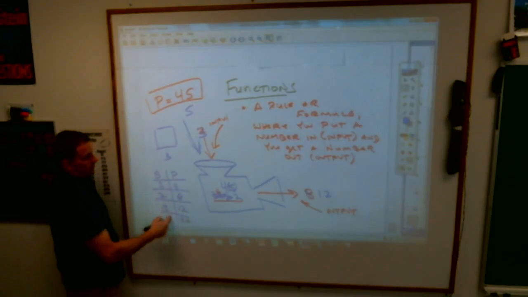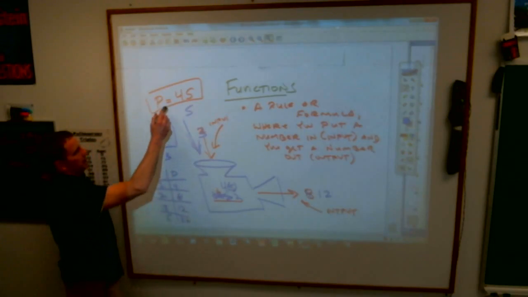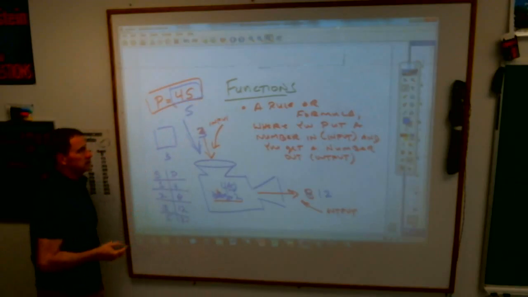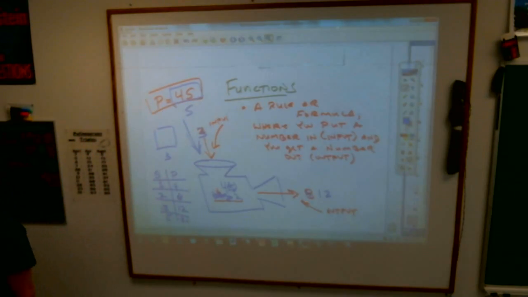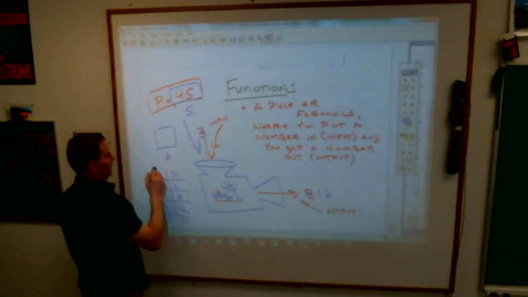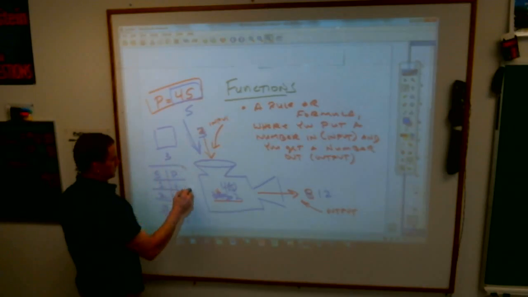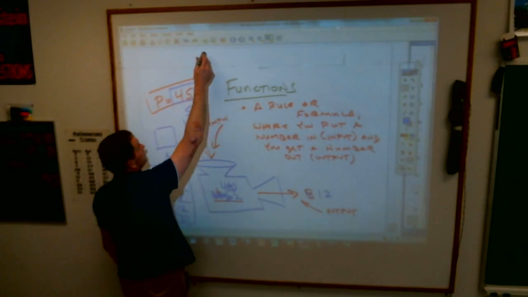These are my input numbers, those are my output numbers. This is my function up there. And then we are sometimes going to be asked to take this and graph the function.